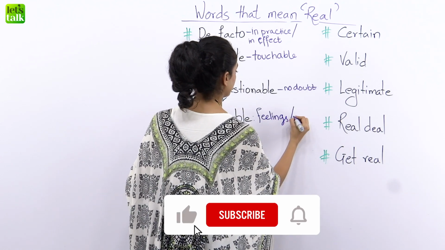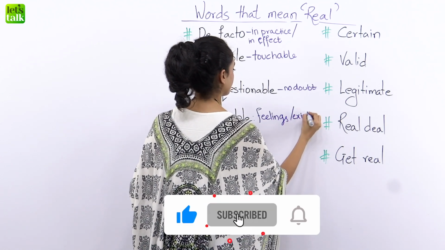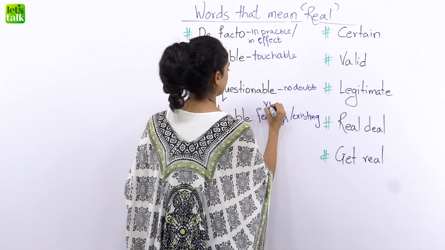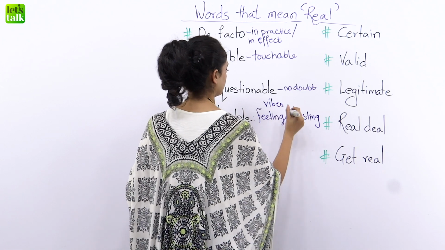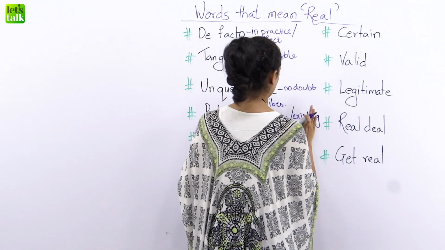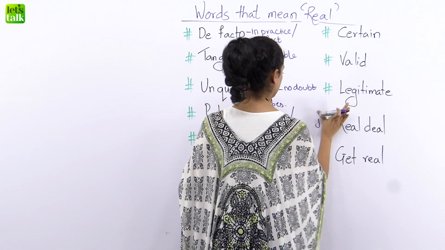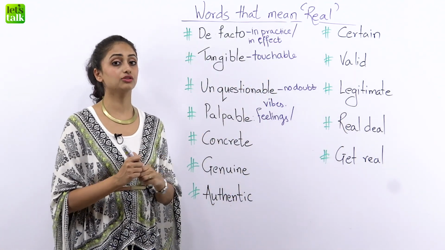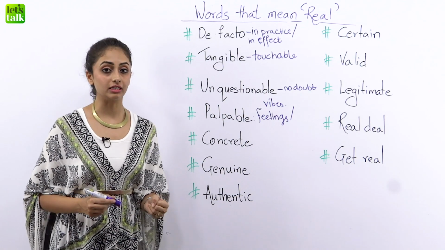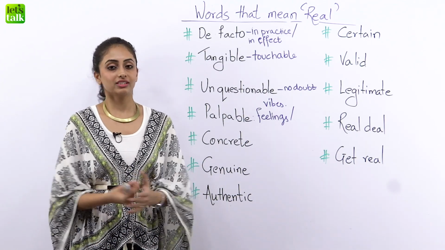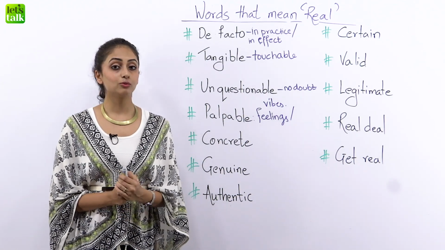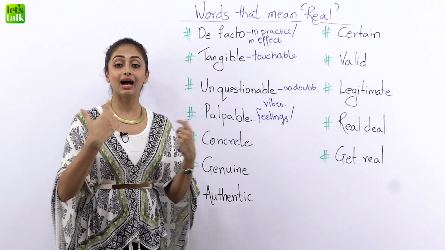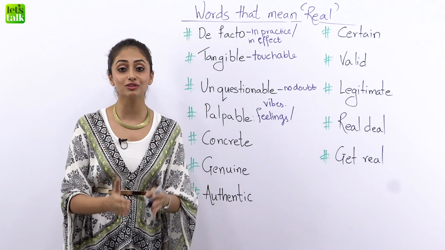Existing feelings or vibes, right? Okay, so let me just put this. All right, vibes or feelings which are so real that you can feel. Okay, so you can always say that the energy in the room is palpable, which means you guys are so energetic that I become energetic because of you all.